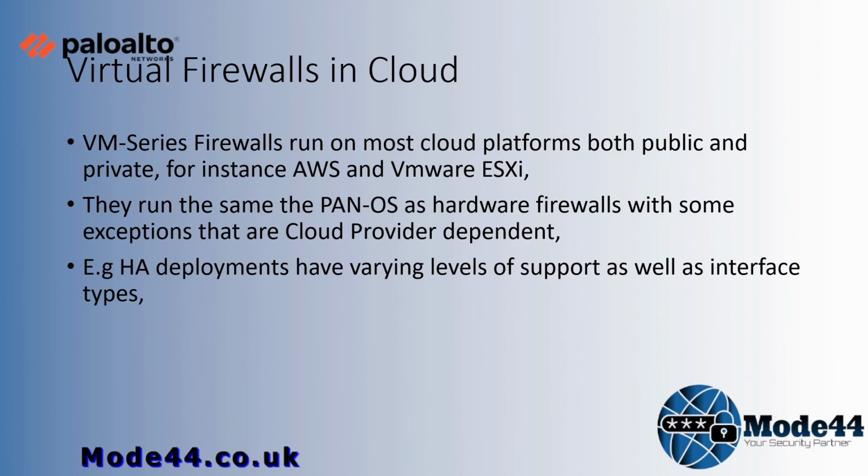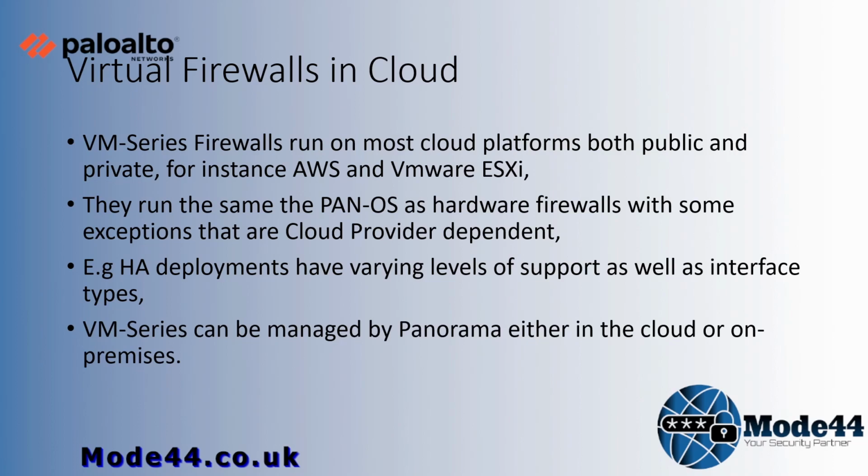So for instance, in AWS, there is no concept of HA between them. They'll sit behind an AWS load balancer, and then the AWS load balancer would load balance traffic to the firewalls. The VM-Series can be managed by Panorama either in the cloud or on premises. There's no restrictions on this.